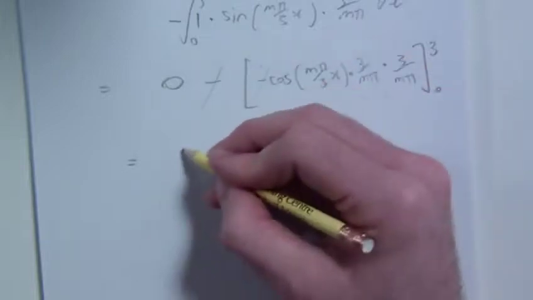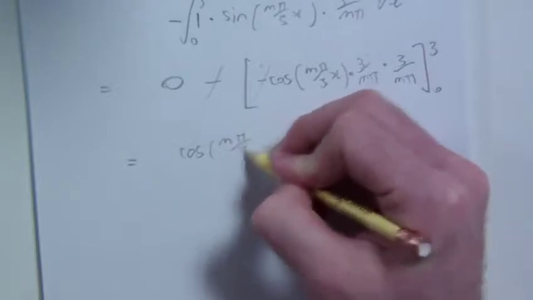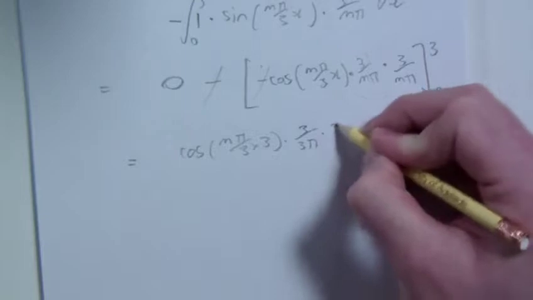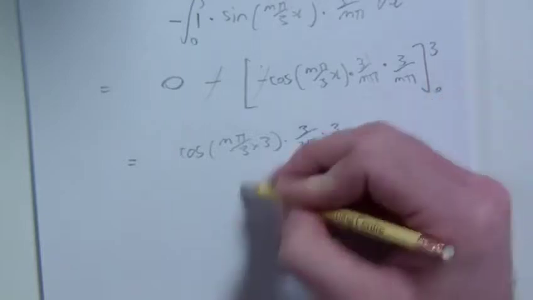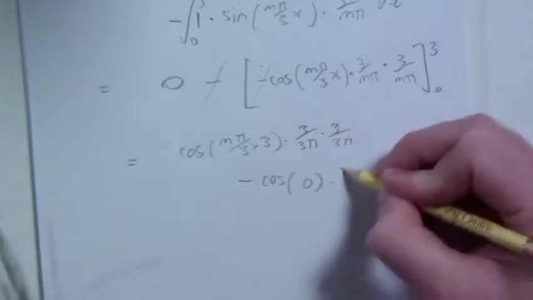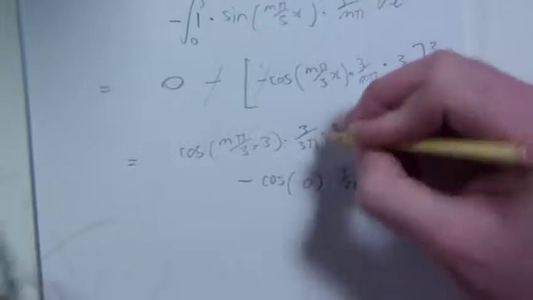So let's see, cos of m pi on 3 times 3 on m pi times 3 on m pi, minus cos of 0 times 3 on m pi times 3 on m pi. It's not 3, it's m pi. Sorry.